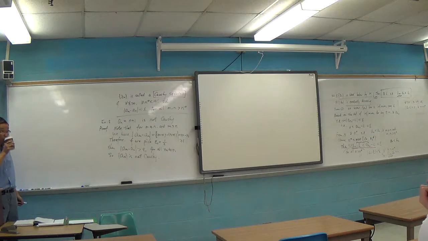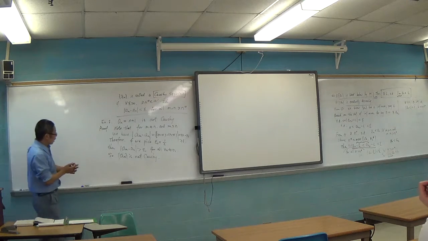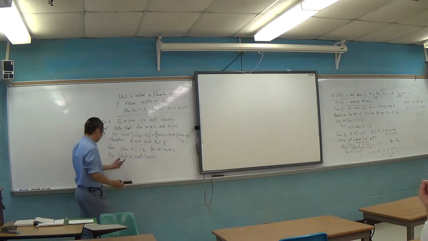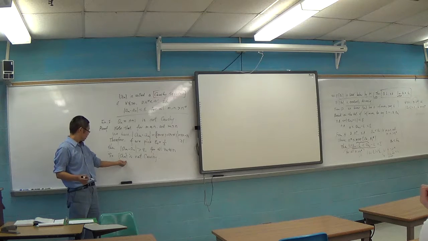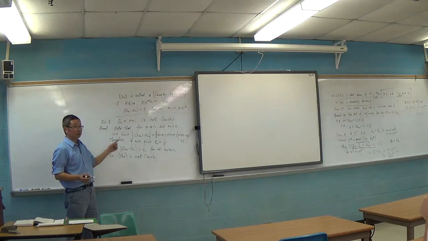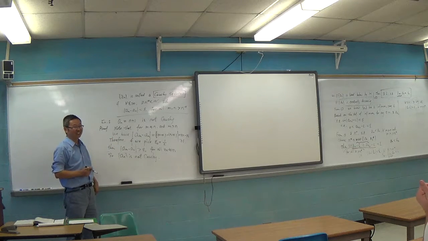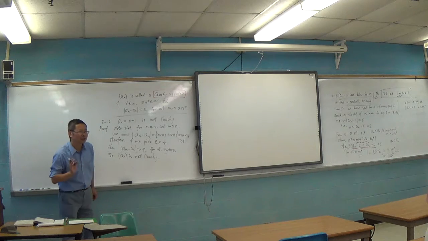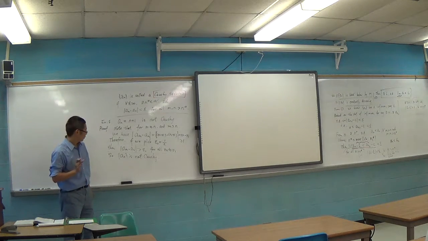Why? After I get this one, then I claim this is not Cauchy. Why? Because a_m minus a_n is going to be equal to 1 or more.